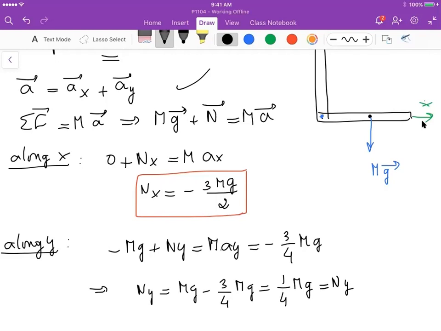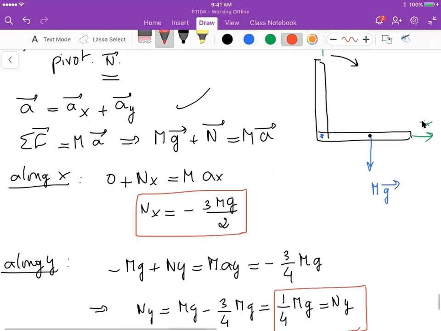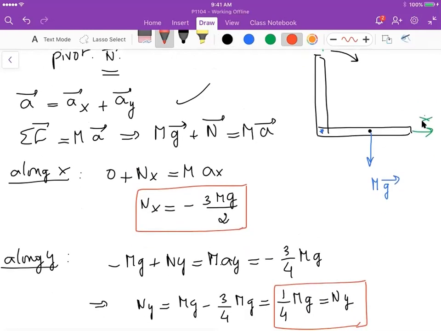And so as you can see, ny is positive, which means that if we want to draw these two components on the figure, nx came out negative, meaning nx points leftward, opposite to the direction of the positive x axis. So this is nx. ny came out positive, meaning it is in the same direction as the y axis. So ny points upward.